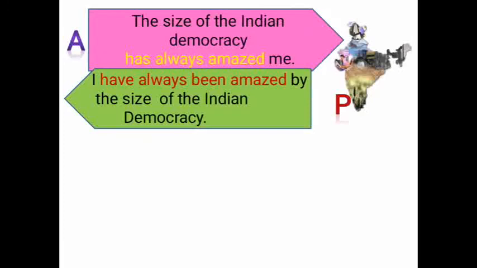As me changes to I, therefore have instead of has. So I have always been amazed by the size of the Indian democracy. Following the same rule, we can change active voice to passive voice and passive voice to active voice. We only need to understand the form of the active verb and the passive verb.